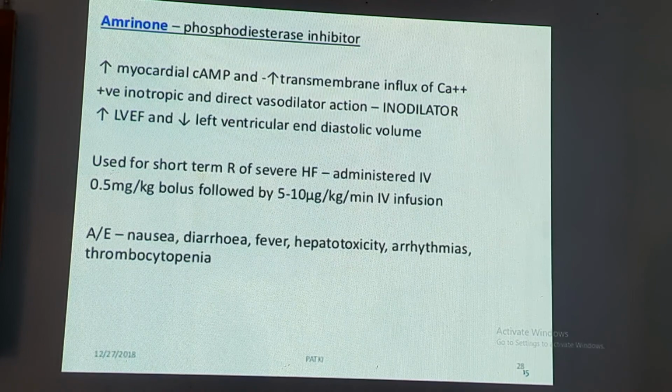Okay, now look at this slide, that is showing different drugs belonging to phosphodiesterase inhibitors. First drug being amrinone, which acts as an inotropic drug, that is amrinone, a phosphodiesterase inhibitor.